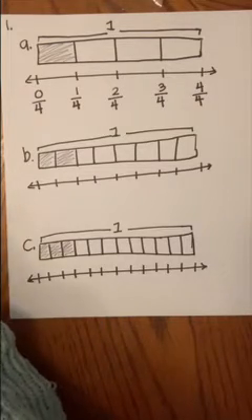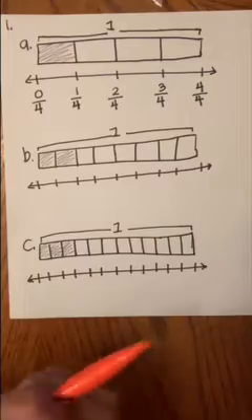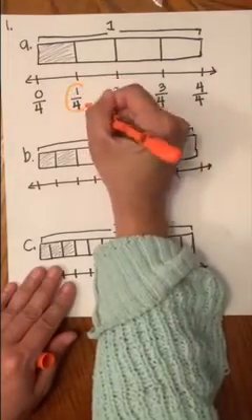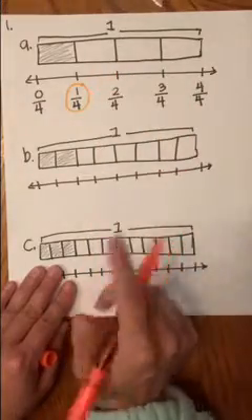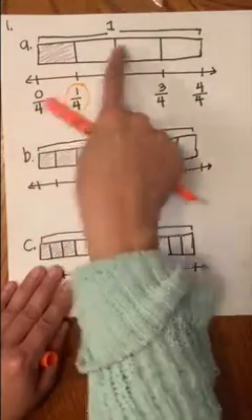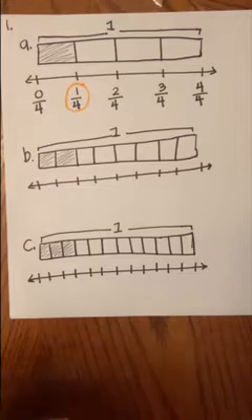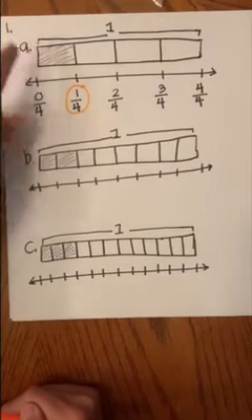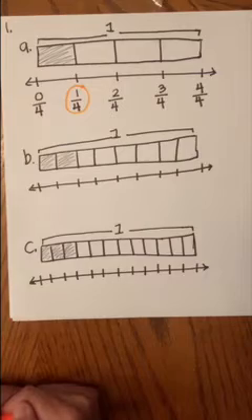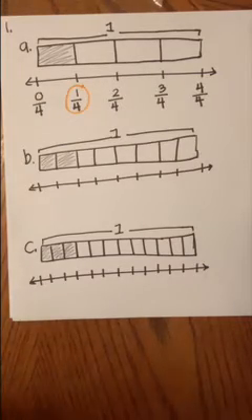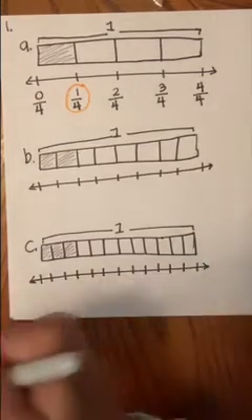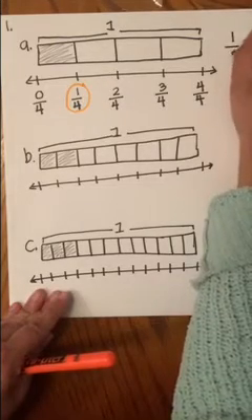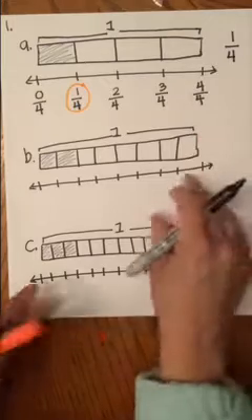So I'm going to circle 1/4 because 1/4 of the tape diagram is shaded in. And I have it here on my tape diagram, and I have it on my number line. And I'm going to label it here. This is 1/4.